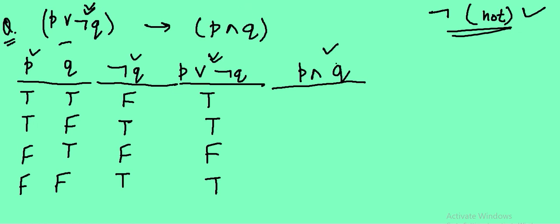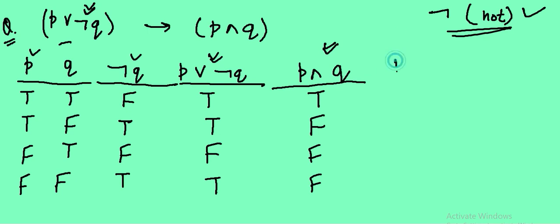Now we have this P and Q, which is your conjunction table. So true, true will be true, true, false will be false, false, true will be false, and false, false will be false. We have not manipulated P and Q directly, just looking for these values, so we find the conjunction between P and Q.